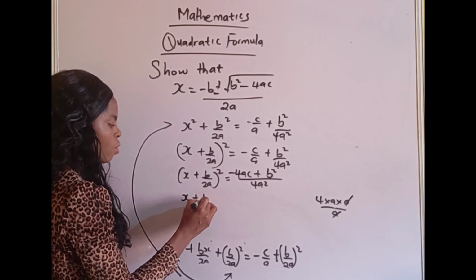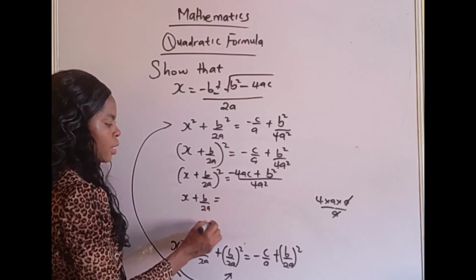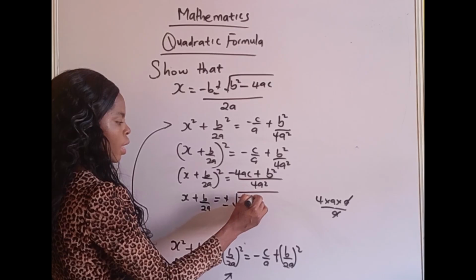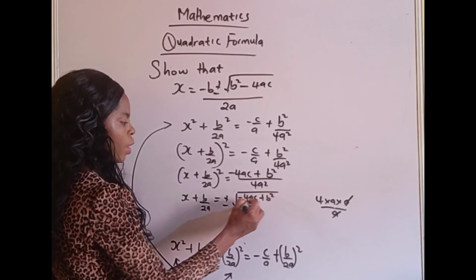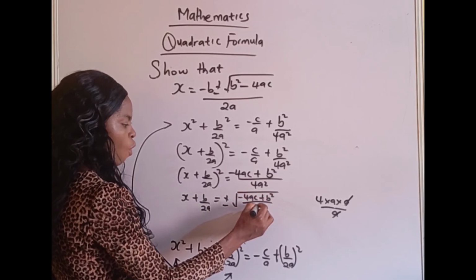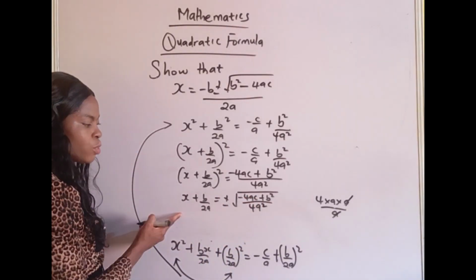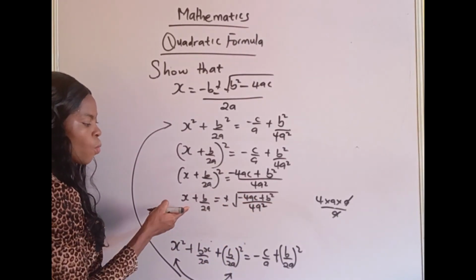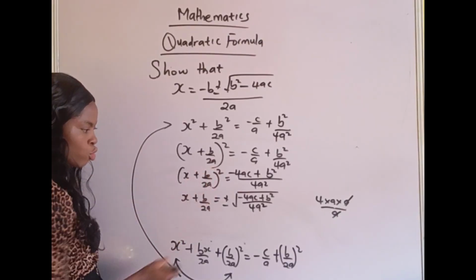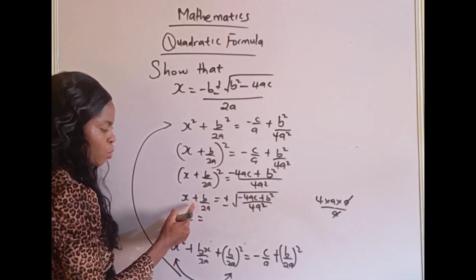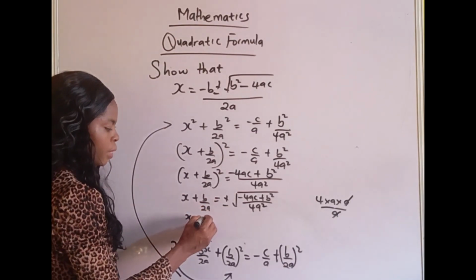x plus b all over 2a is equal to plus or minus root minus 4ac plus b square all over 4a squared. Okay, why did we take square root? Because square root is the only thing that can eliminate square. So let's take this to the other side. x is equal to, when you take it to the other side, it becomes minus.